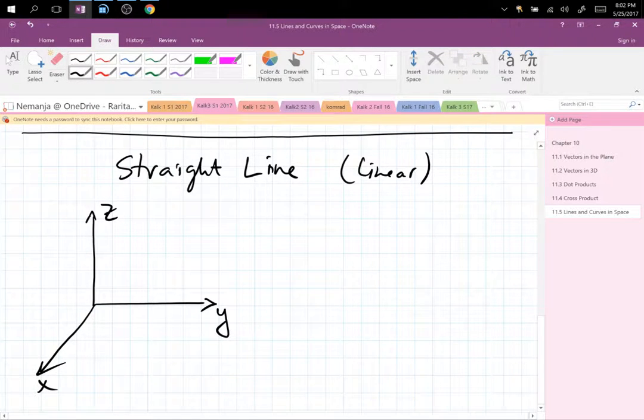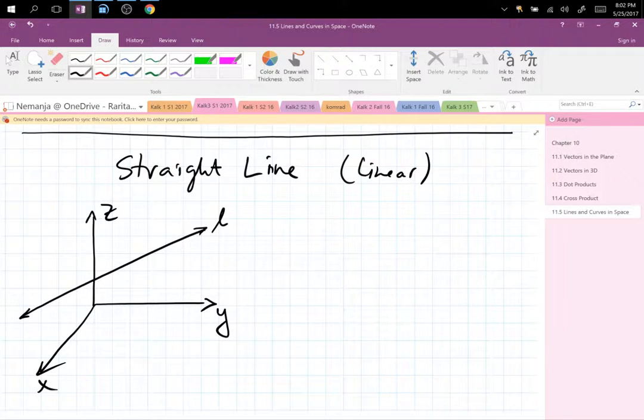So we have x, y, and z, and we would like to learn about the straight line, call it L, that goes infinitely. This is a skewed line, so it's not parallel to any of the surfaces, or it could be, but it's just a general line. And we are going to describe the line, again, using two concepts.